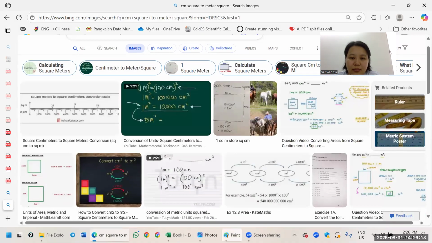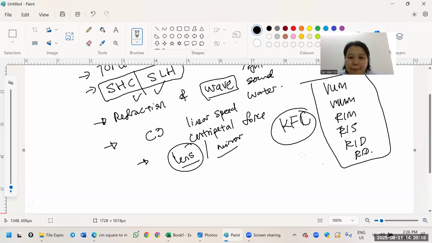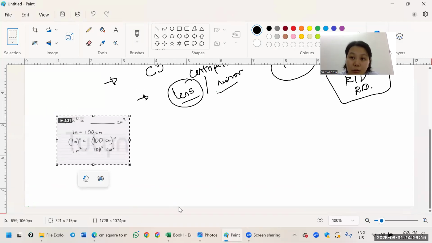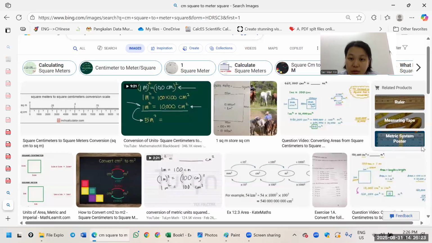Last year trial got this question, change centimeter square to meter square.